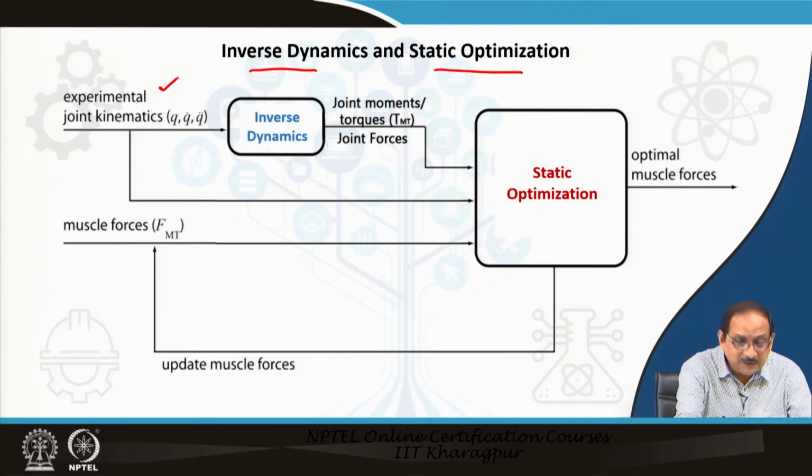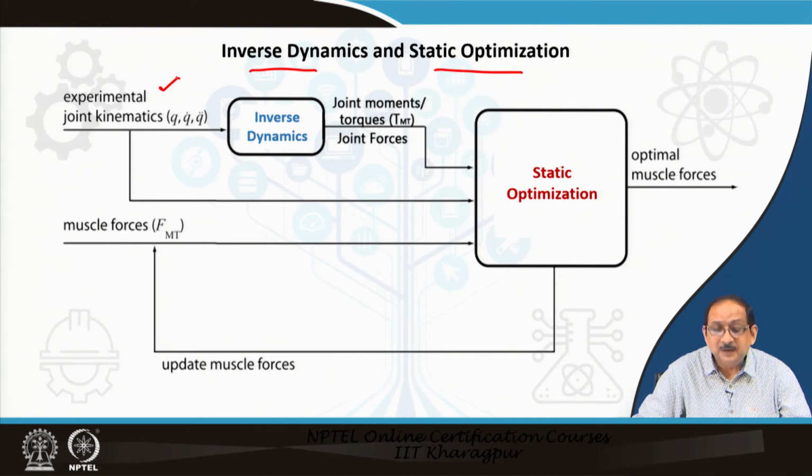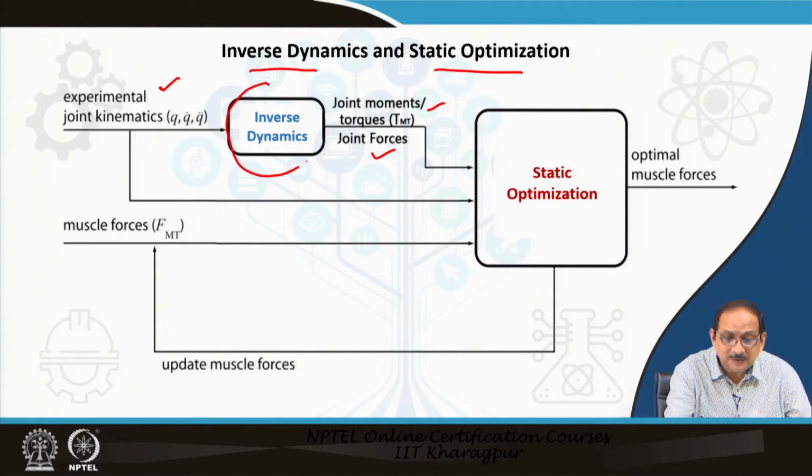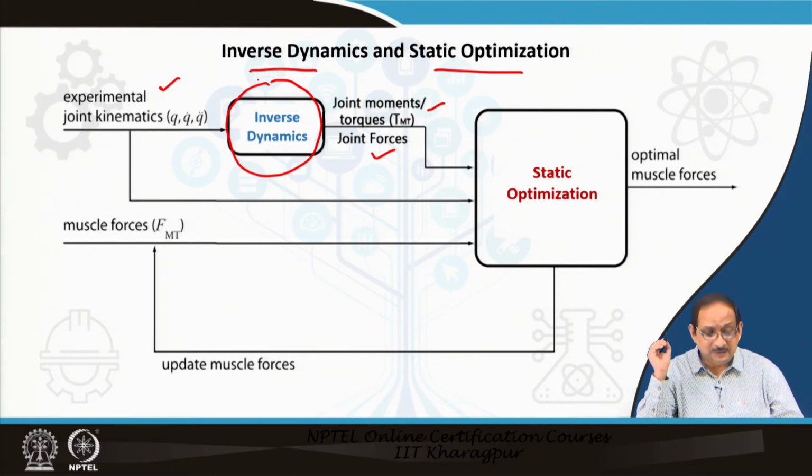Experimental joint kinematics, like joint angles, velocity and acceleration, is used to calculate joint moments or torques and joint forces using the inverse dynamics method.